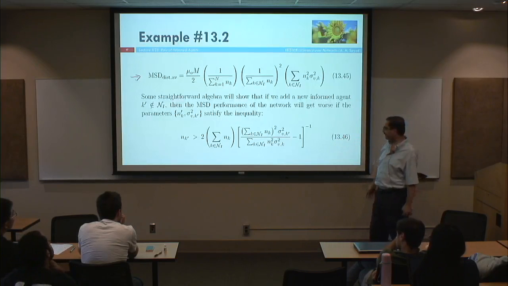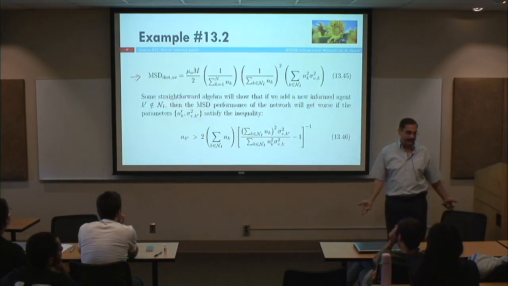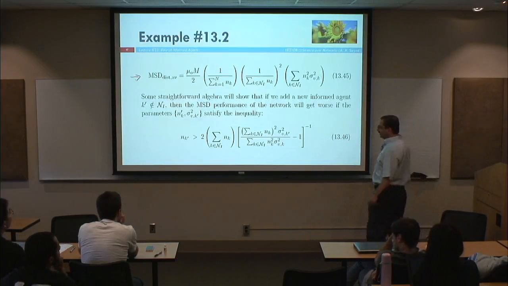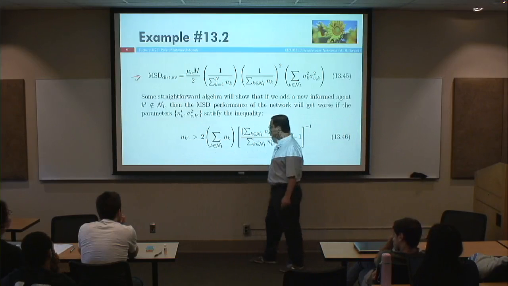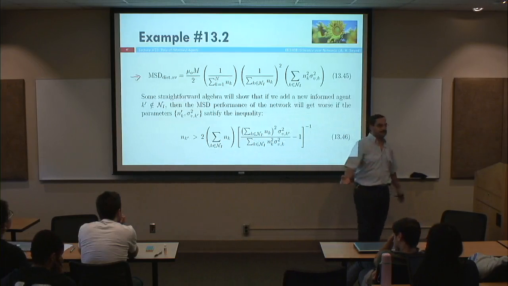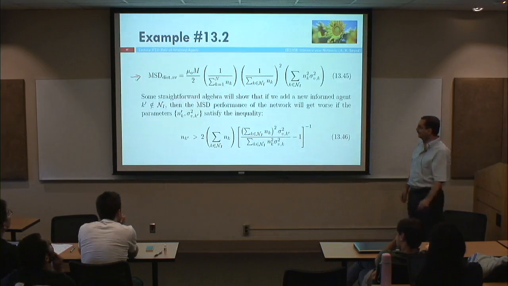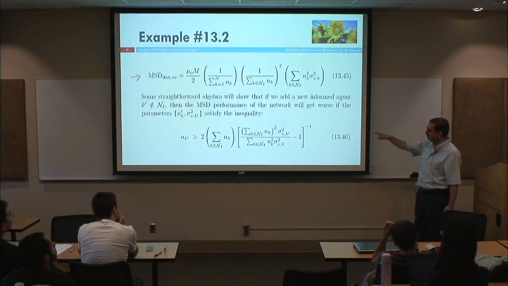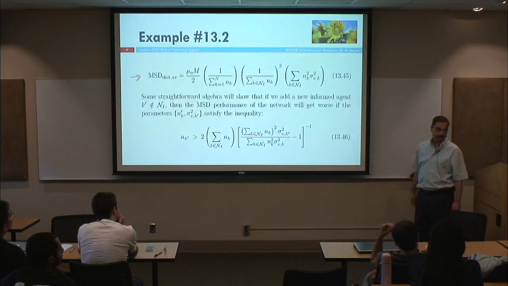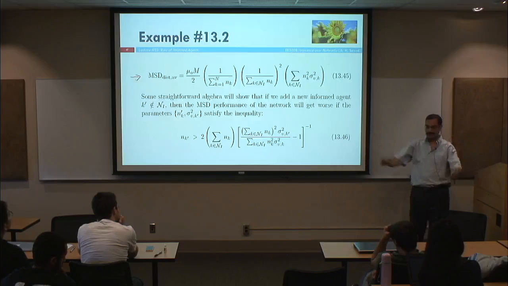It doesn't look as nice as before, so this is non-trivial. If the degree of the new agent is large enough, this is what this is saying. If that person is too well connected, that can degrade your performance. It brings in too much noise, too much information.